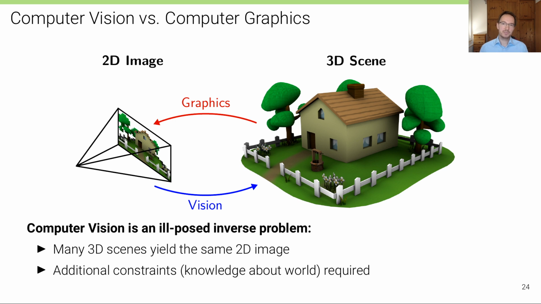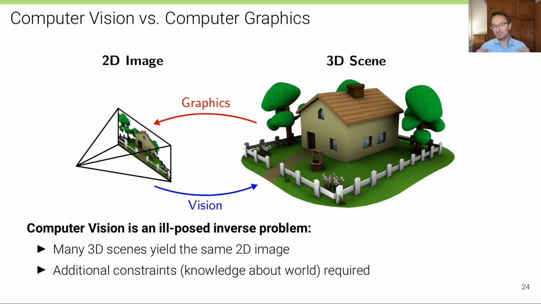And therefore, vision is also an ill-posed process, an ill-posed inverse problem, where a lot of the information that was originally present in the scene has been lost and has to be recovered. For example, many 3D scenes yield exactly the same 2D image. Think about occlusion. If an object is occluded, no matter where it's located, the projection into the image looks the same. Or if an image is overexposed, no matter what the scene geometry is, it all looks the same.